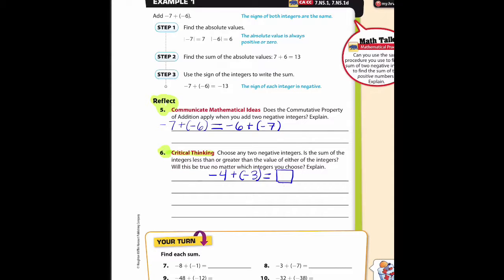Again, find the sum, and will that sum be less than -4, less than -3, greater than -4, or greater than -3? Once you find the answer to that, let me know if that will be true no matter which integers you choose. And then also work on finding the sum. You can use the absolute value for that.